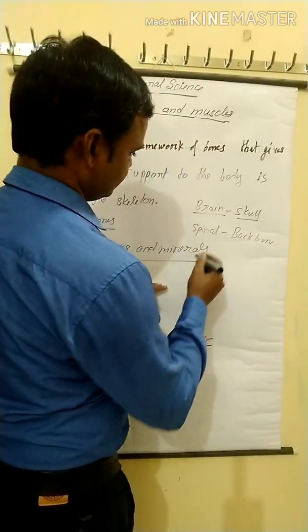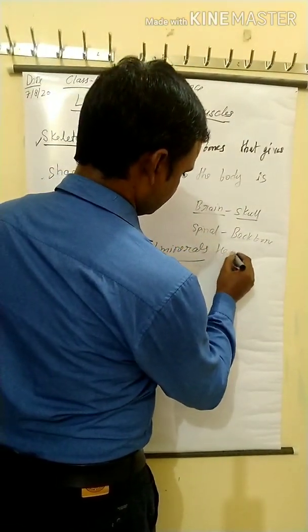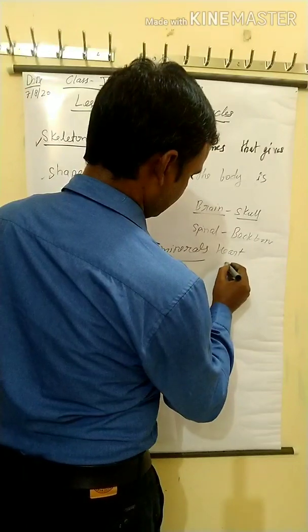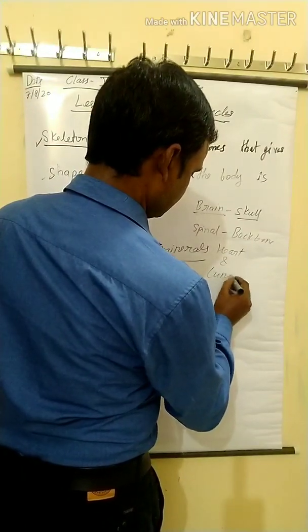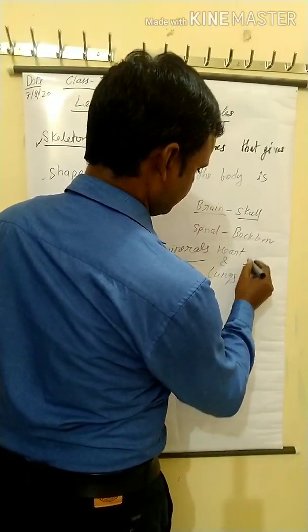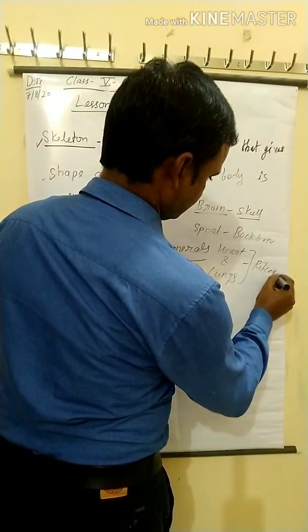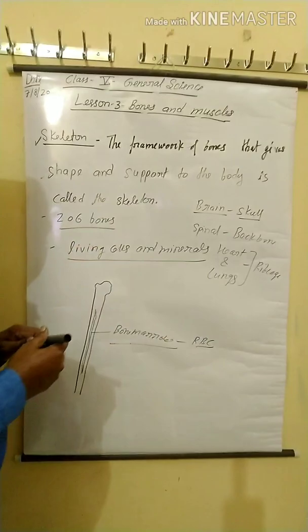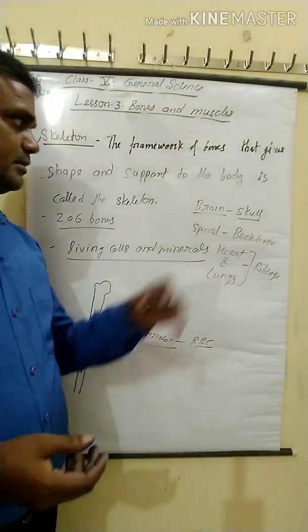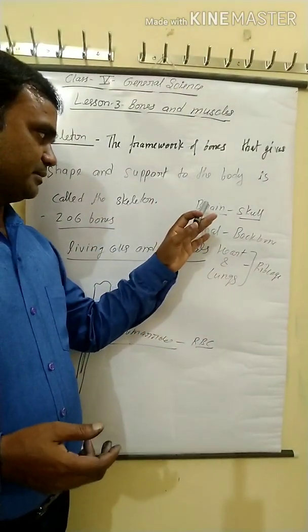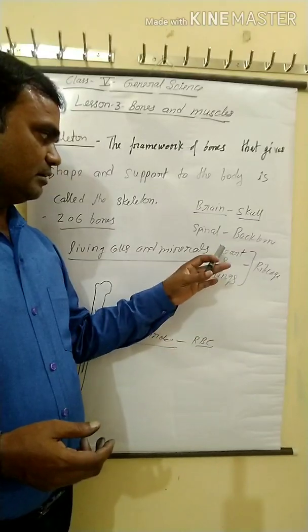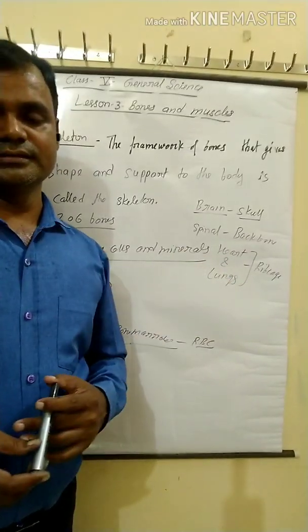Then the heart and lungs are protected by the rib cage. So the skeleton protects the delicate organs, for example the brain, spinal cord, heart and lungs.